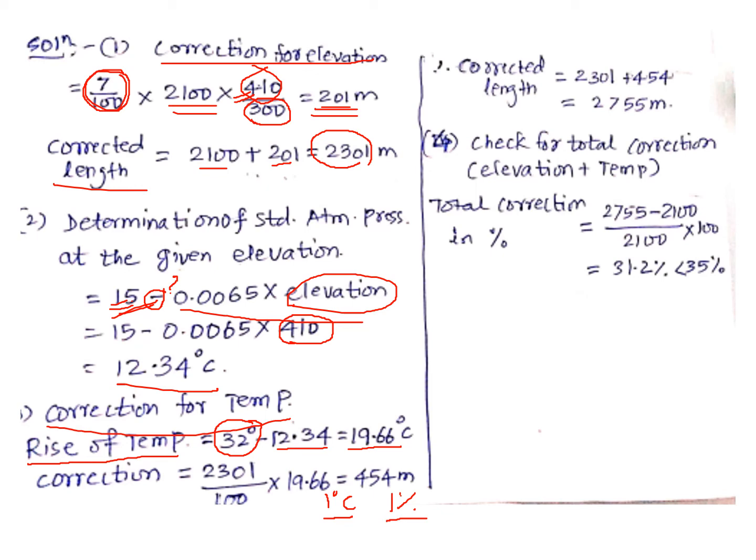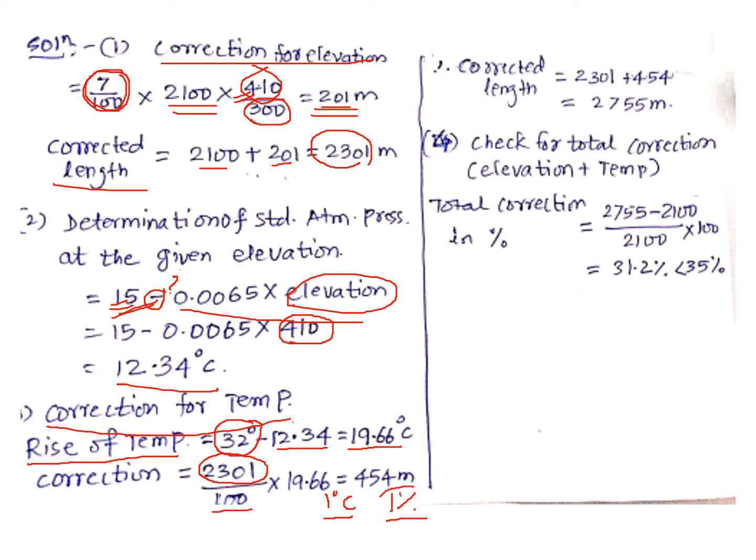So the runway length after applying the correction for the elevation to the basic runway is 2301.